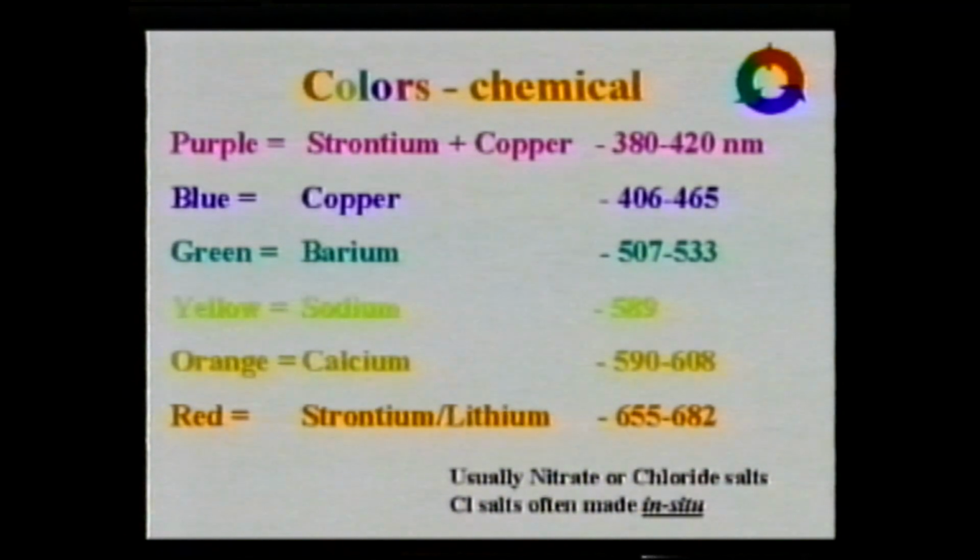And here are the wavelengths for those of you that are interested. You can actually combine these materials to produce other colors. For example, combining strontium and copper, red and blue, will produce a purple color in the pyrotechnic composition.